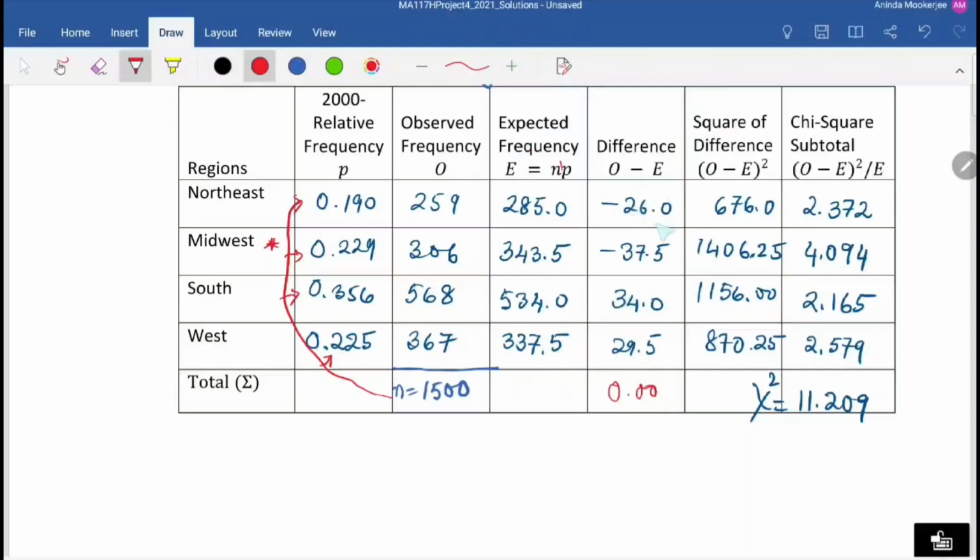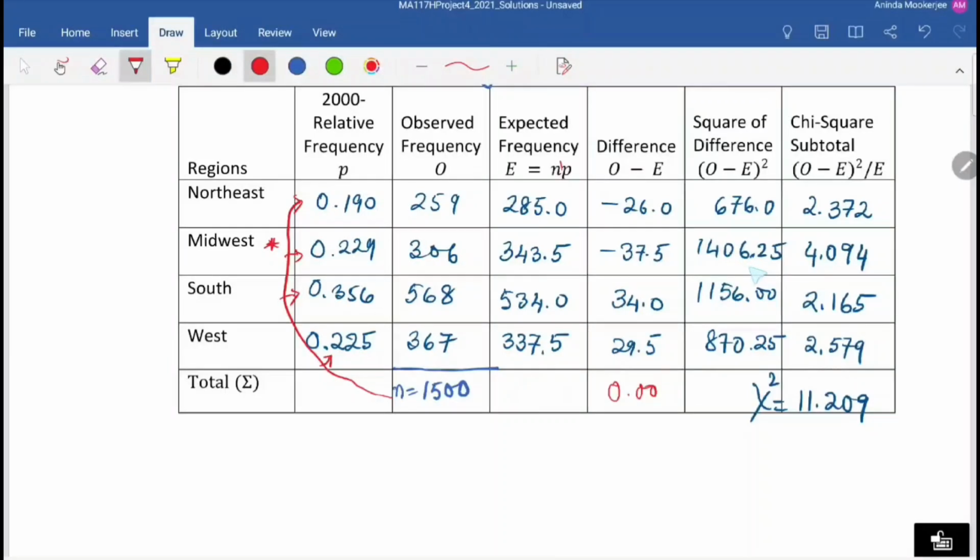All right, let me go over that one more time. Minus 26 whole squared is 676. Minus 37.5 whole squared. Again, keep in mind that you are squaring the negative, so your squares of differences should all be positive values.